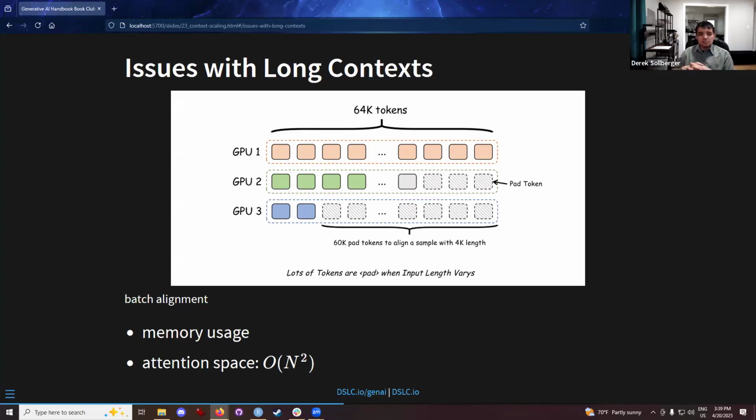This was quite an issue for memory usage, and something we might have discussed back when talking about transformers, the encoders and decoders, was that the space you needed to store all the weights was on the order of n squared, quadratic scaling.